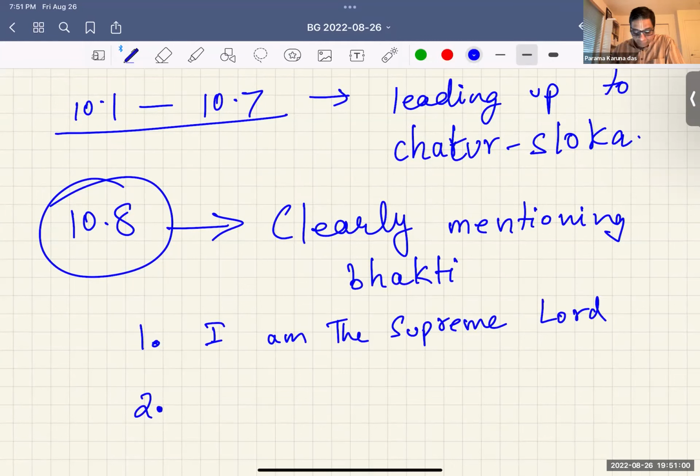And this is nothing but bhakti. Correct? So let us see the verse.